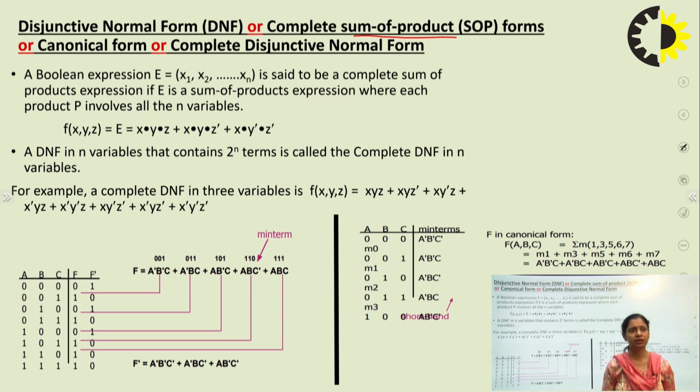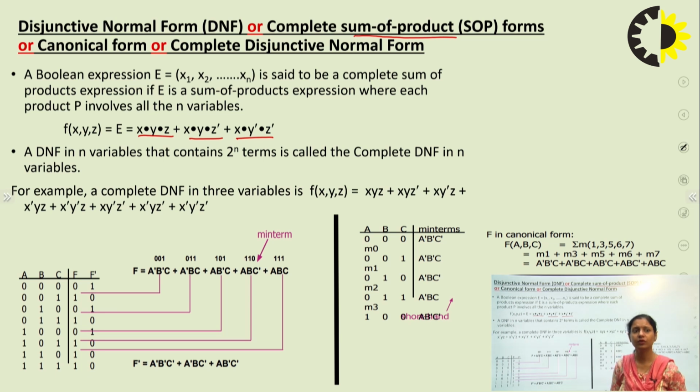Now when we are talking about the product, we are talking about the min terms, because a min term is the product of the Boolean literals.